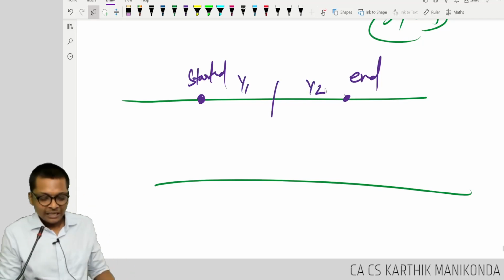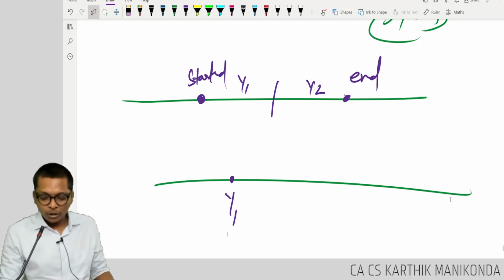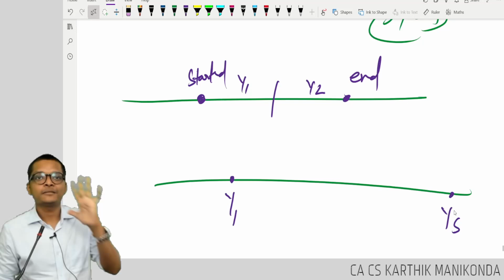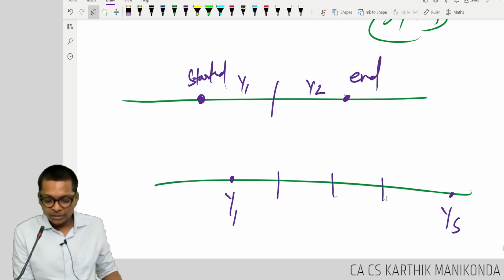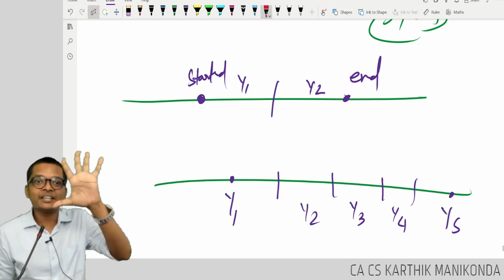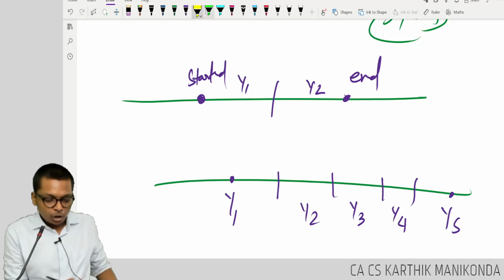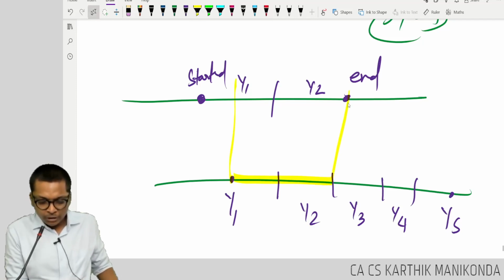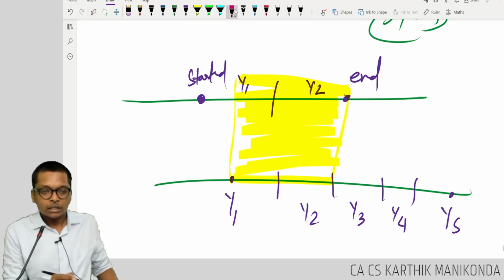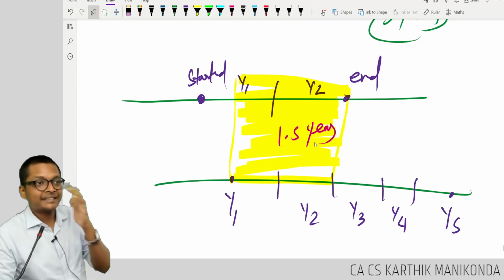My loan I took somewhere in the middle of year 1, and the loan is going till year number 5. So I have year 1, year 2, year 3, year 4 and year 5. Loan is for 5 years. Construction is only for 2 years, and the common period is only here. Let's say the common period is only 1.5 years in our example.